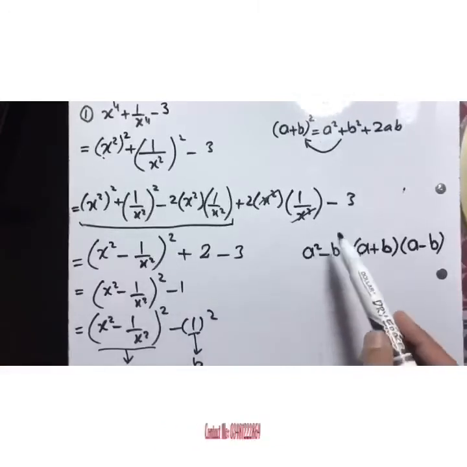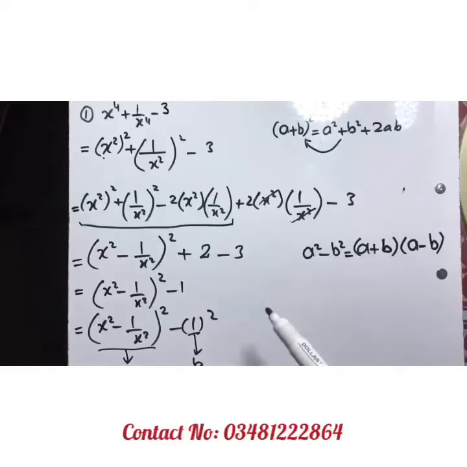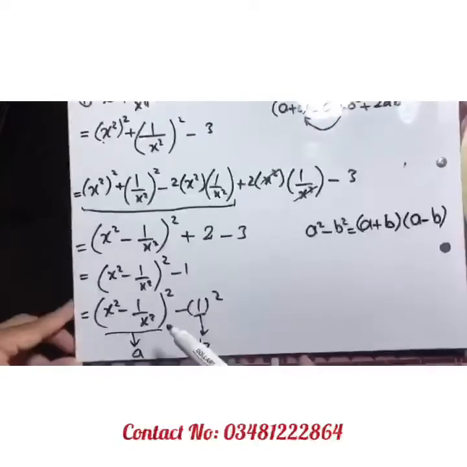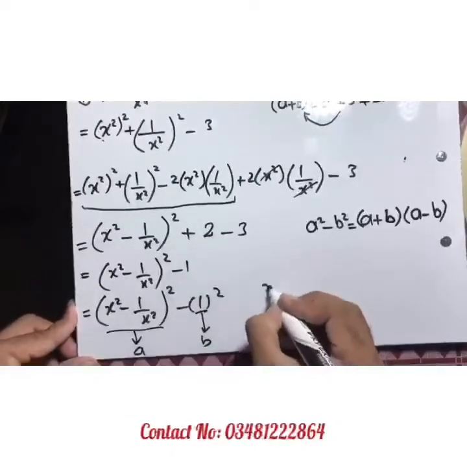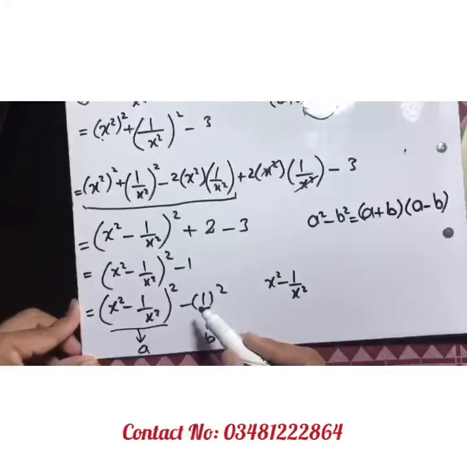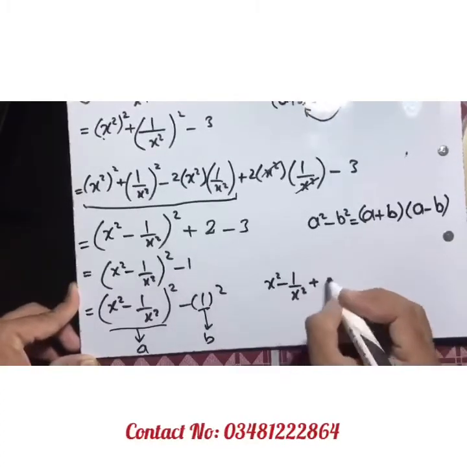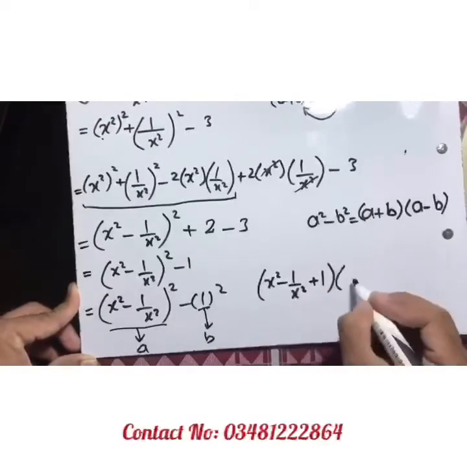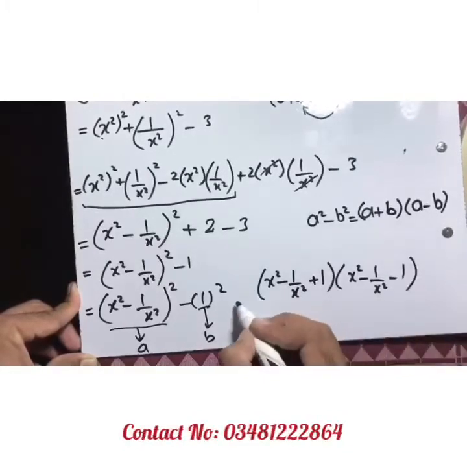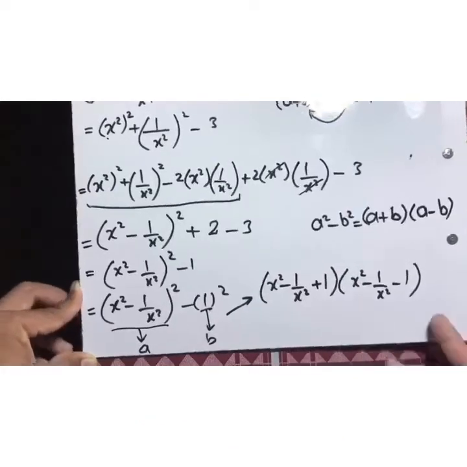In this formula we write b one time plus and one time minus. So by applying this formula to this question, we get (x square minus 1 over x square plus 1) and (x square minus 1 over x square minus 1), and these two factors are multiplying, so this process is called factorization.